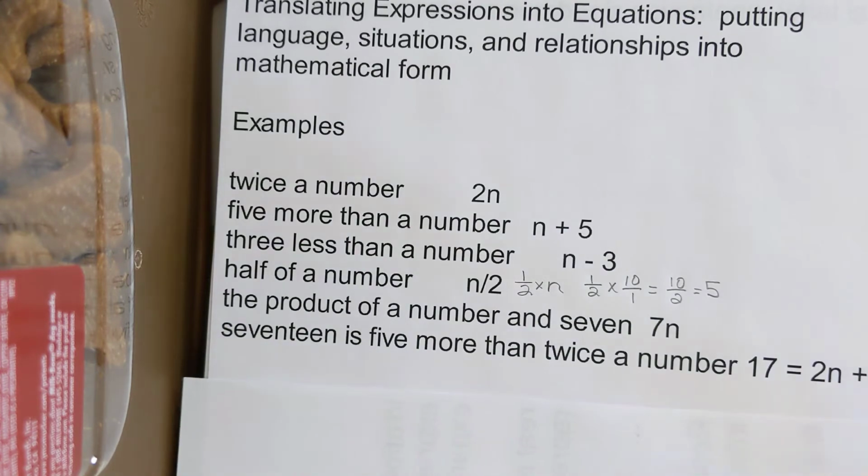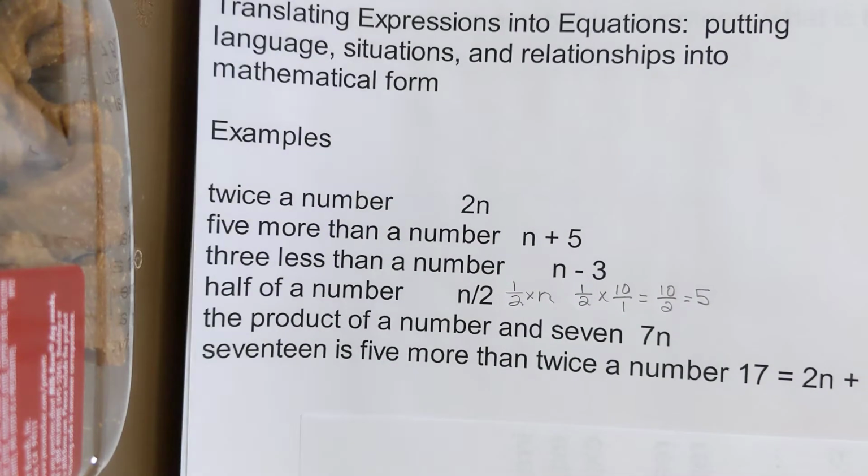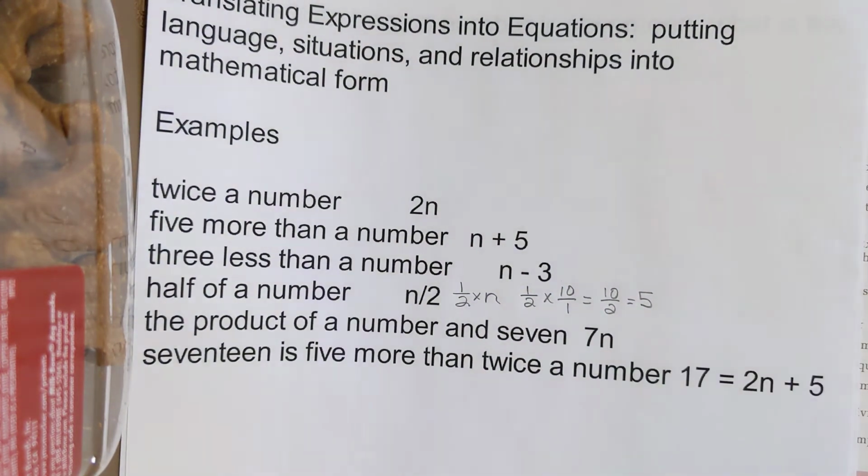So we take our twice a number, which is our 2n. We add 5 to it, so we have 5 more than twice a number, so 2n plus 5, and that equals 17. Now we could then easily solve for n in this equation.